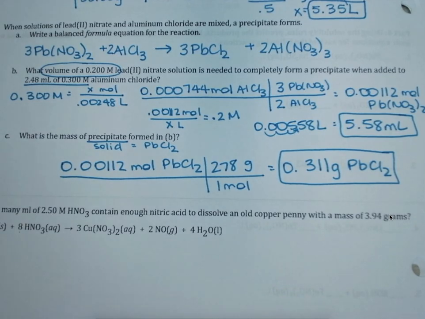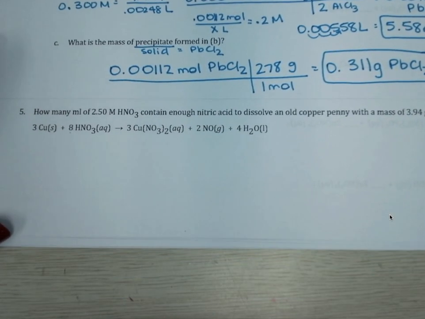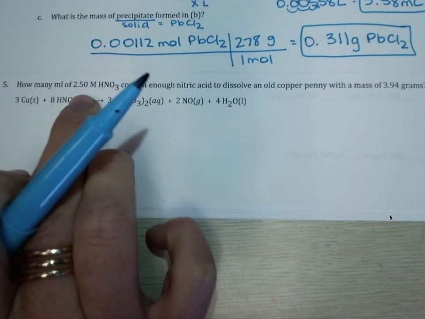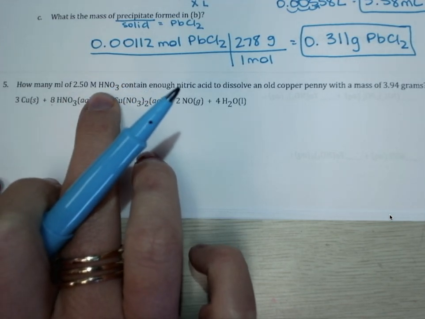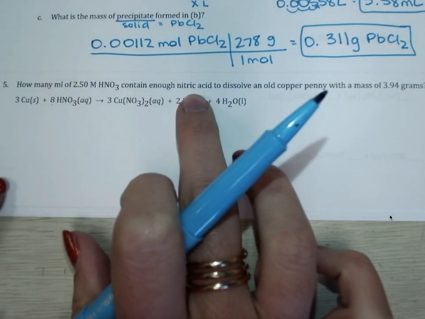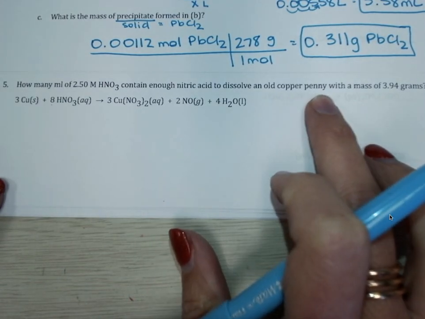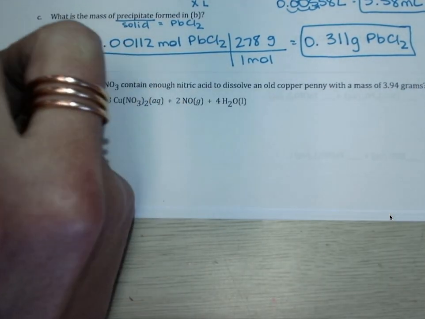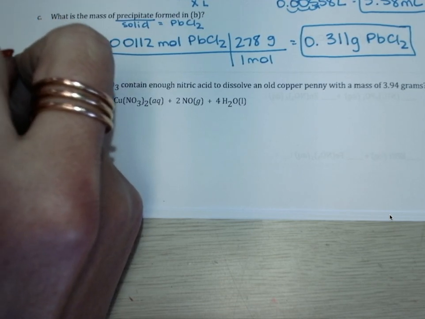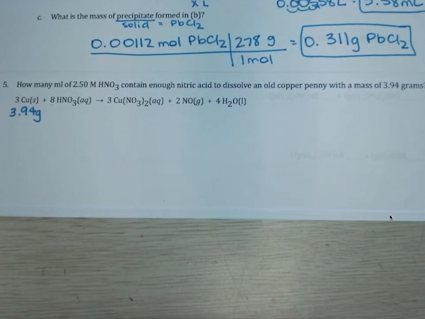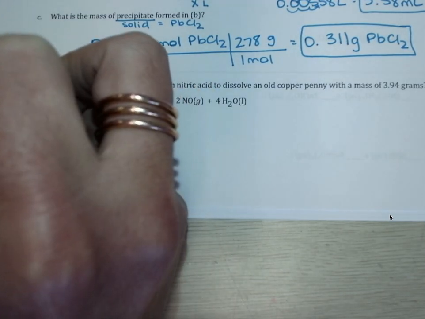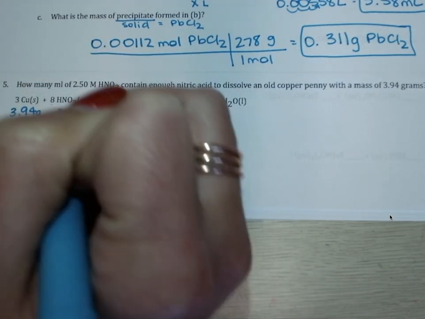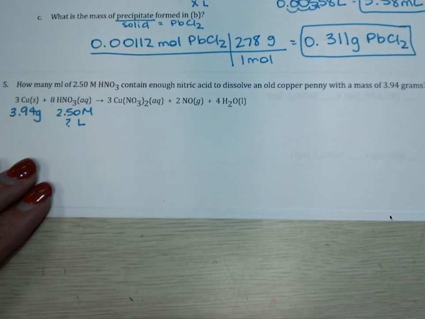Then one last question and we'll be done. Number 5 says how many milliliters of a 2.5 molar nitric acid solution contains enough nitric acid to dissolve an old copper penny that has a mass of 3.94 grams. So I know that I have 3.94 grams of copper. I know the concentration of my nitric acid solution, and again, I'm trying to find that volume.